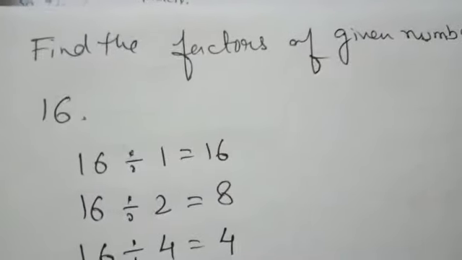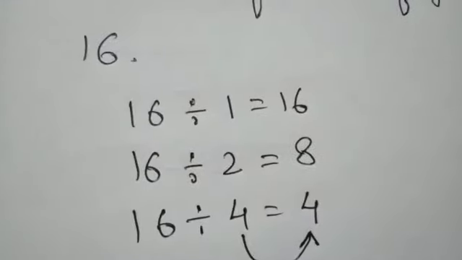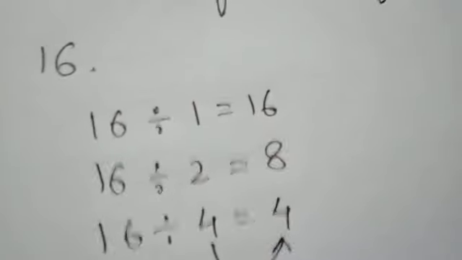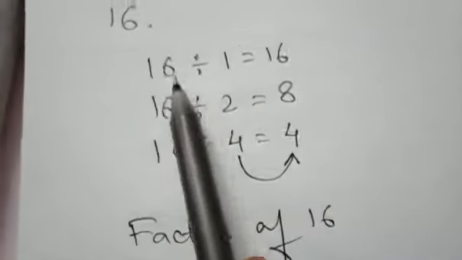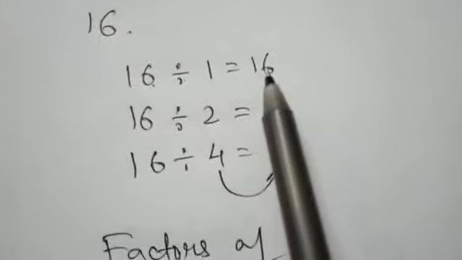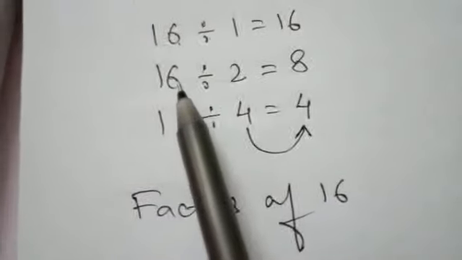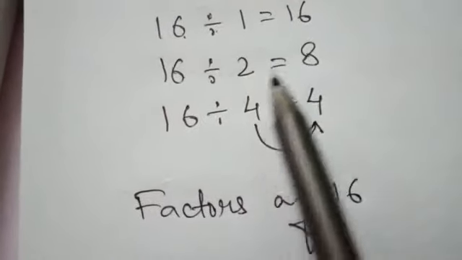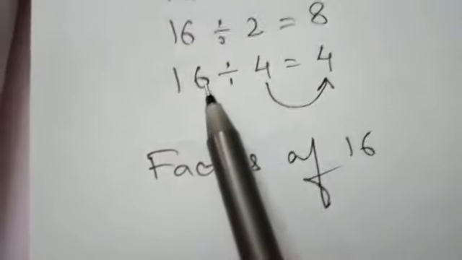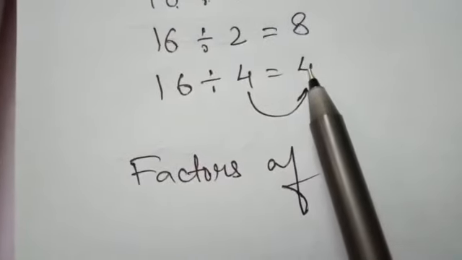One more sum I am showing you. Find the factor of the given number by division method. Number is 16. So here what we have to do, 16 divided by 1 equals to, answer is coming 16. Again 16 divided by 2, it is coming to 8. 16 divided by 4, it is coming to 4.